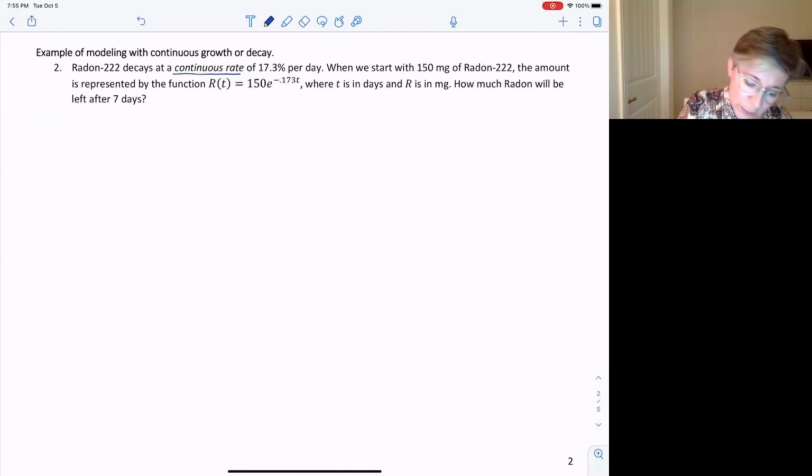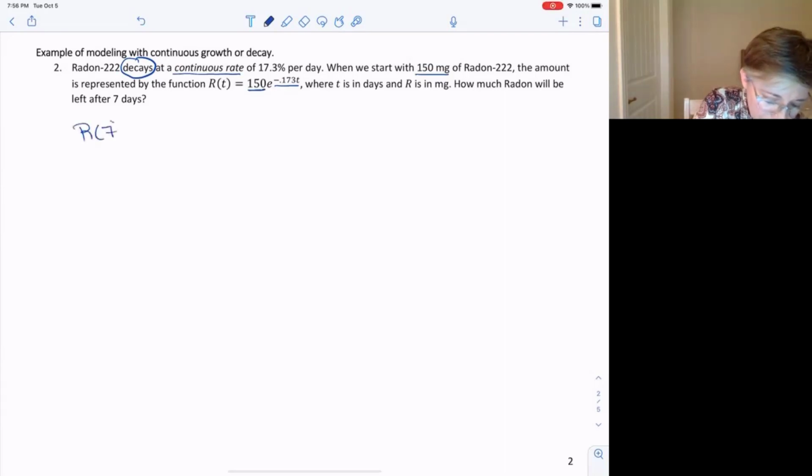When we start with 150 milligrams of the radon, the amount is represented by the function R of t equals 150, so again, there's our initial amount, times e to the negative 0.173 times t. Again, it is negative because they told us it decays. So t is in days and R is in milligrams. It's asking how much radon will be left after 7 days.